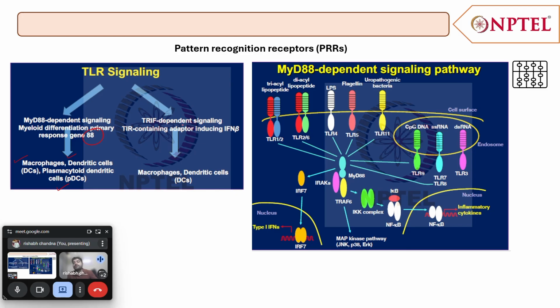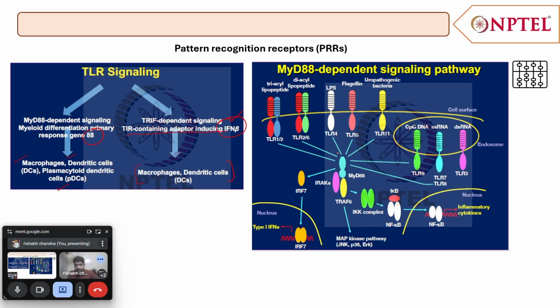Then we have the TRIF dependent signaling, TIR containing adapter inducing IFN beta, which produces interferons. These pathways are basically seen in macrophages and the dendritic cells.